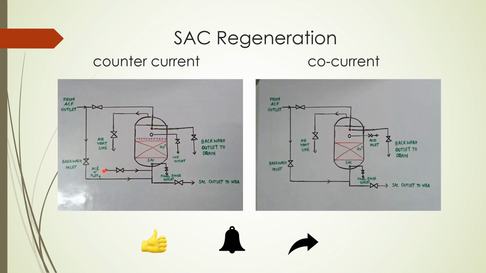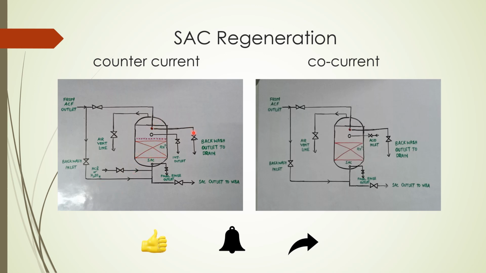So for every fifth or seventh regeneration, when backwash is given, we need to regenerate the inert resin which gets mixed with the normal service bed resin. So we have to use twice the volume of the acid or regenerant used, whether it is HCl or H2SO4. So normal quantity is doubled for every fifth or seventh regeneration.